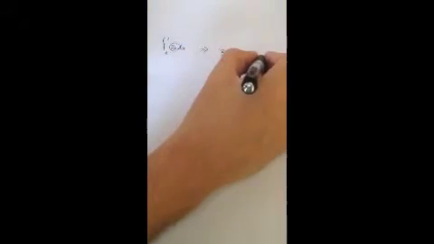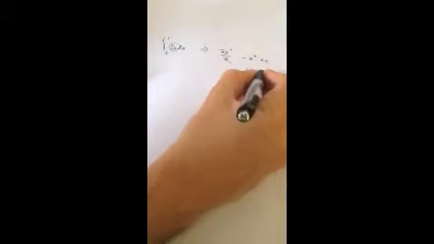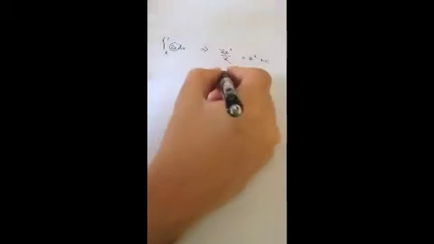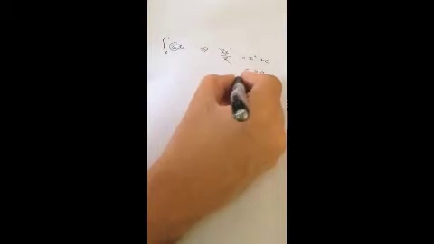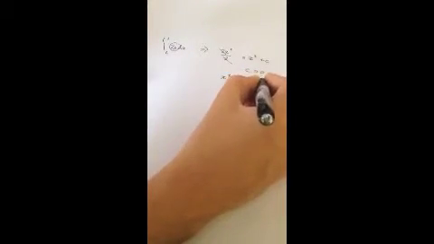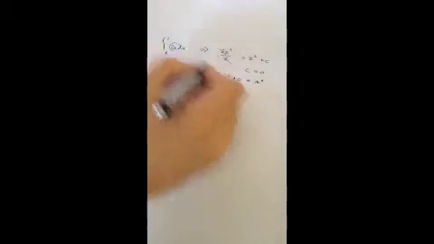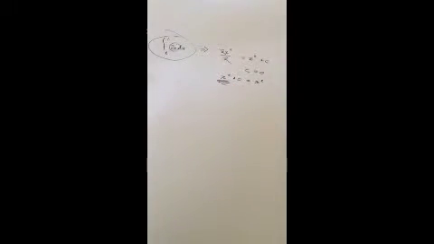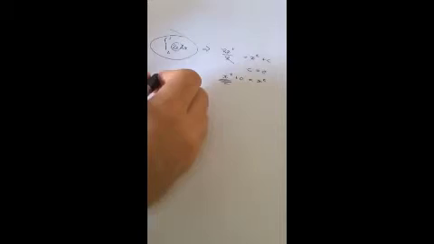Remember, for definite integrals, we do not put the plus c at the end because c is equal to 0. x squared plus 0 gives us x squared, which is the integration of this. Let's set up the equation as per the fundamental theorem of calculus.